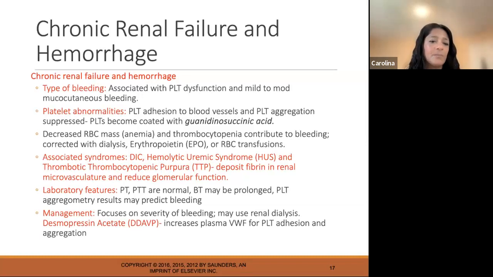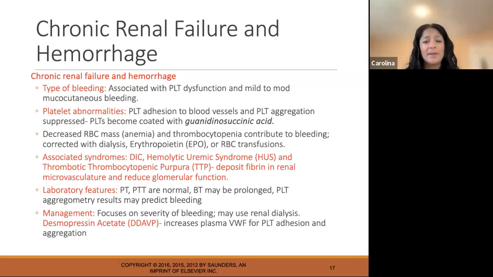more bleeding. So in terms of lab tests, the PT and the APTT can be normal. The bleeding time, which we don't do anymore, is prolonged, but the platelet aggregometry results can predict some bleeding. So we know that the platelet aggregation doesn't function as well in these instances, and so we can do some platelet aggregation testing. The management of this condition focuses on the severity of bleeding.